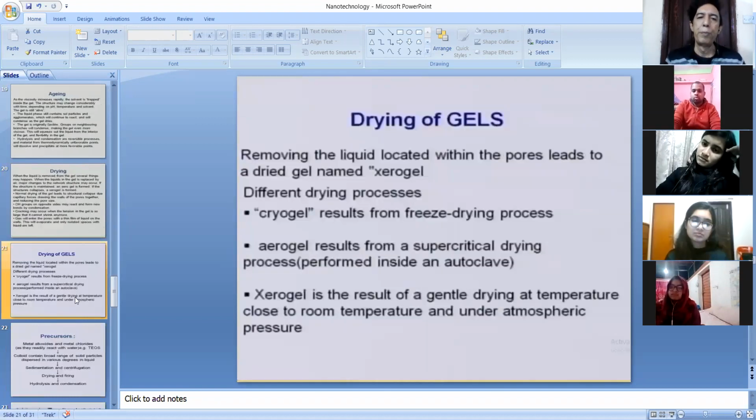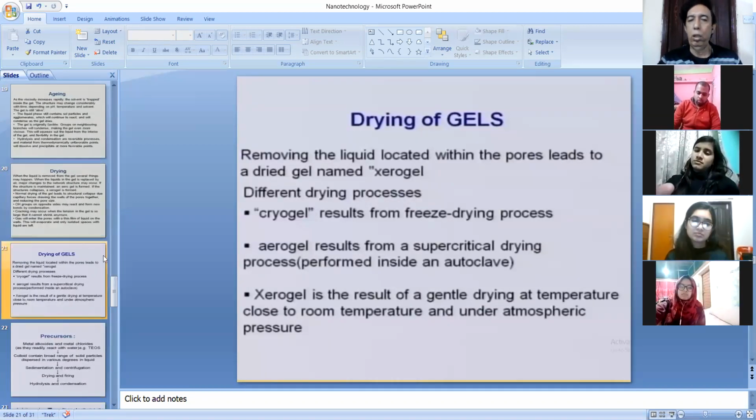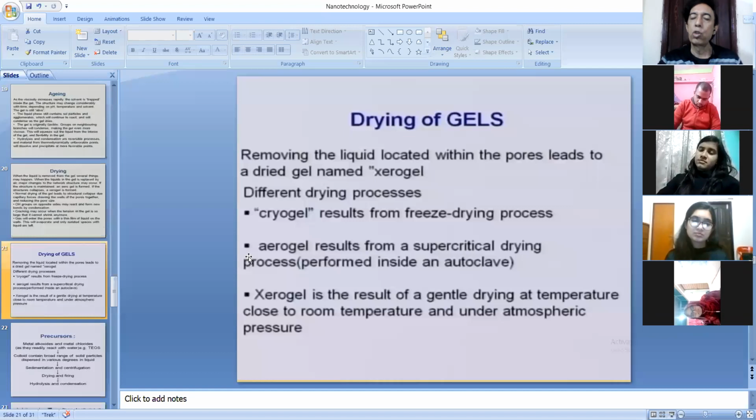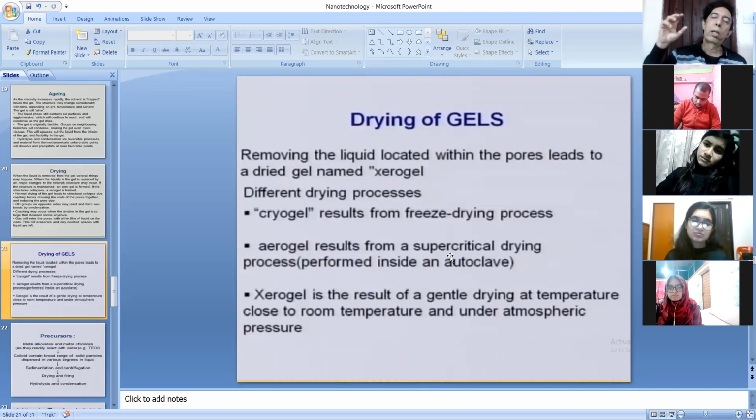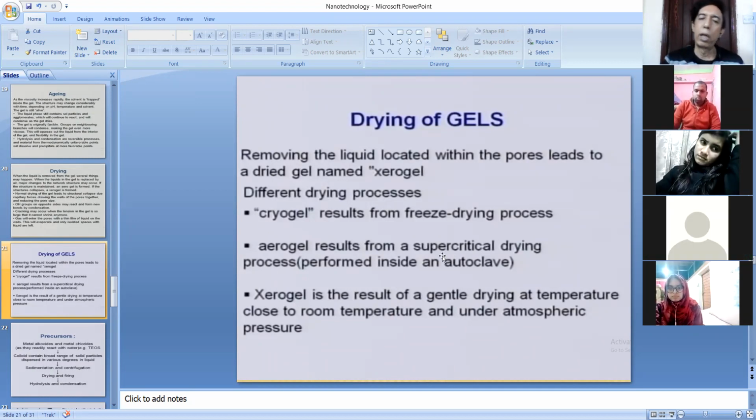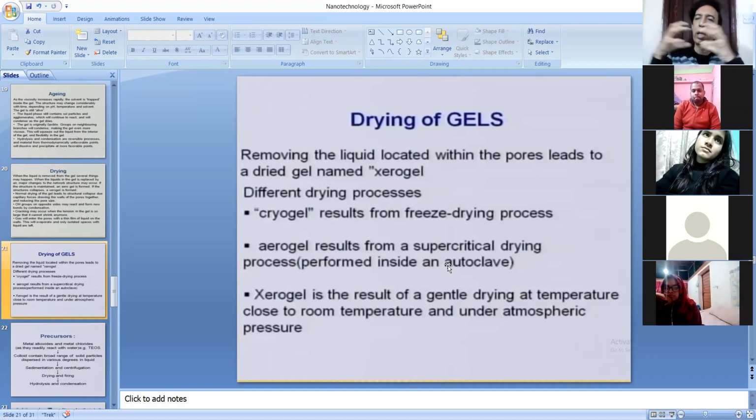So aerogel actually occurs when there is one type of drying known as supercritical drying. Supercritical drying means the drying is performed inside an autoclave. This is a special type of drying where air replaces the solvent.